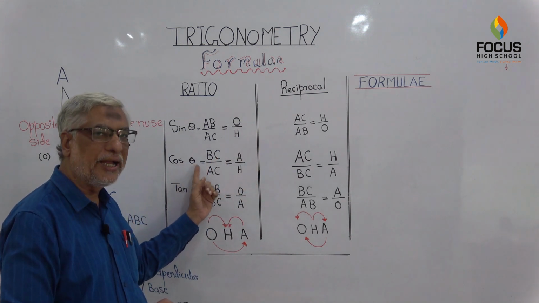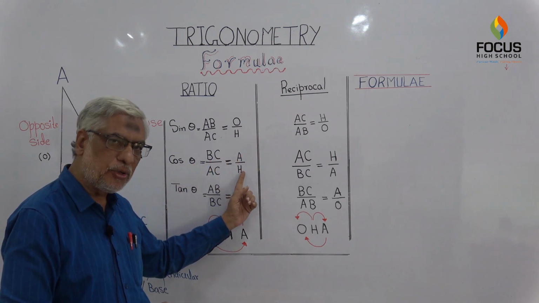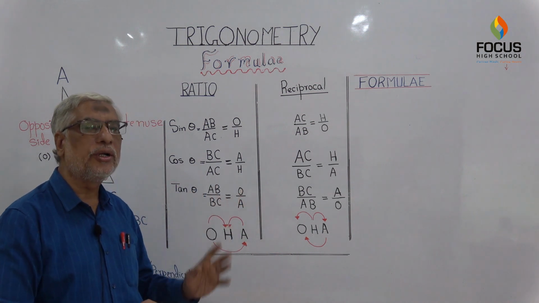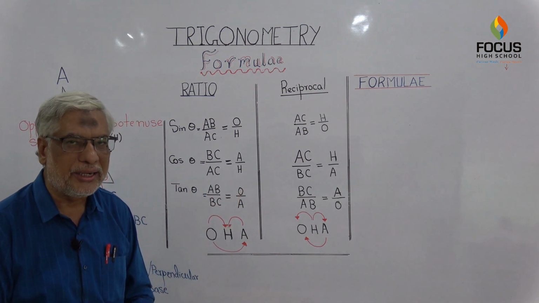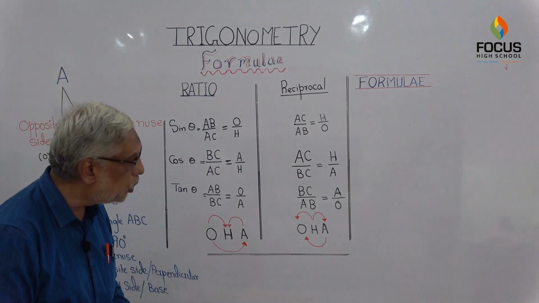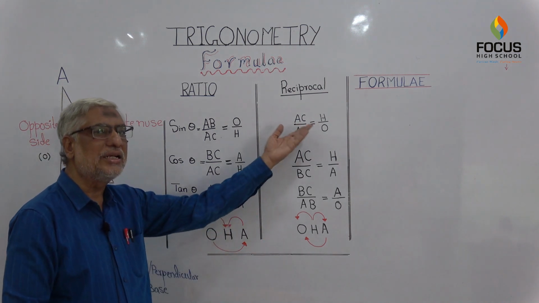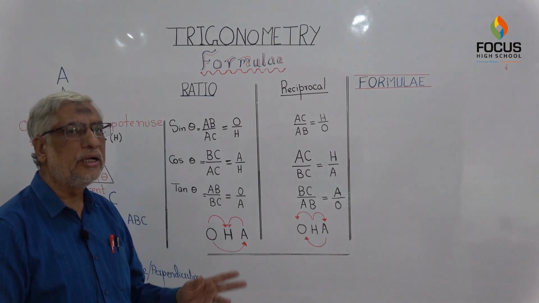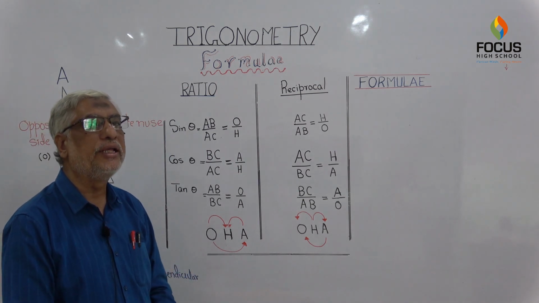Sine of the angle theta is opposite upon hypotenuse, cos of the angle theta is adjacent upon hypotenuse, and tan of the angle theta is opposite upon adjacent side of a right angle triangle. That's it. Now, next is its reciprocal. Reciprocal means the opposite, the multiplicative inverse.